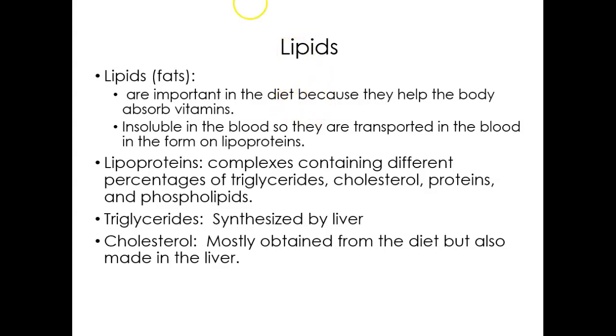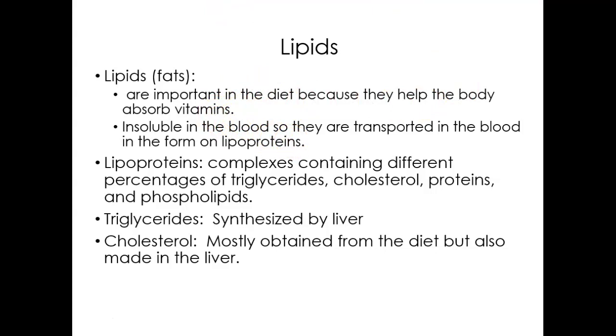So fats are not a bad thing. There's so much interesting information about what happened when we took the fat out of all of our food and just added sugar, and how that didn't help anyone be healthier. So I always feel like fats sort of get a bad rap, but they are really super important in our diet. However, they are insoluble in the blood, so they are transported in the blood in the form of lipoproteins.